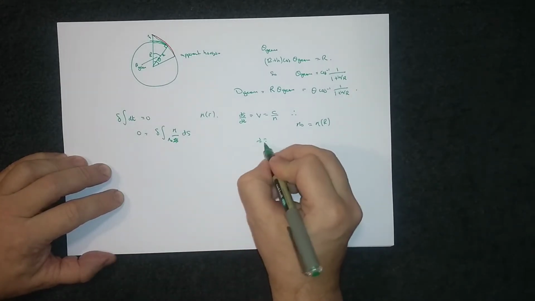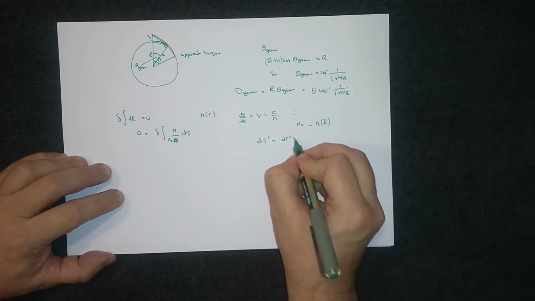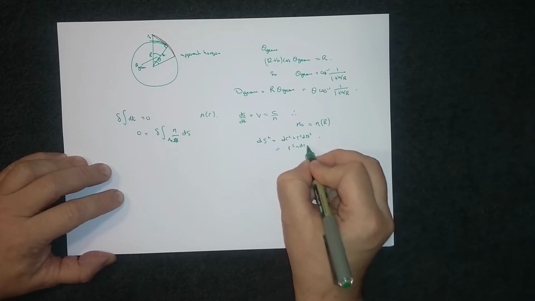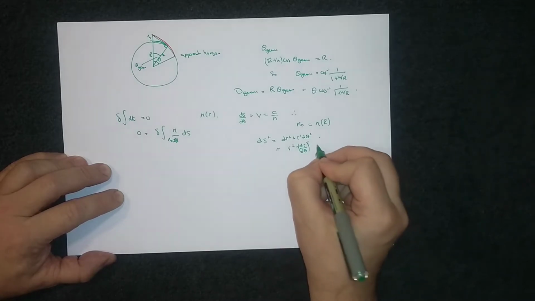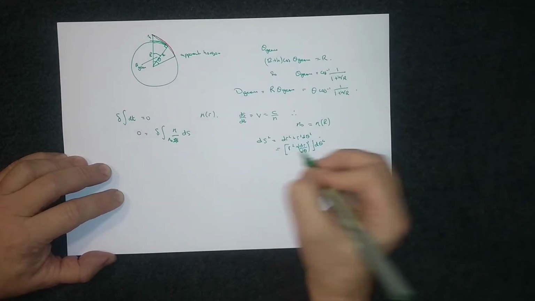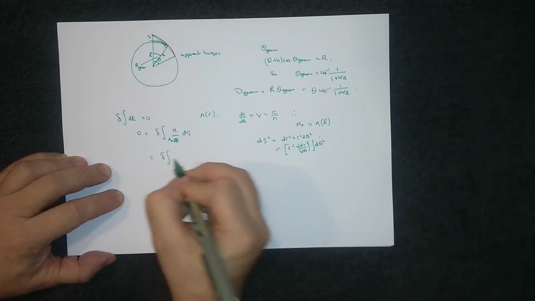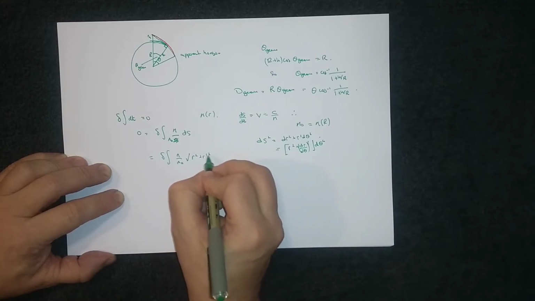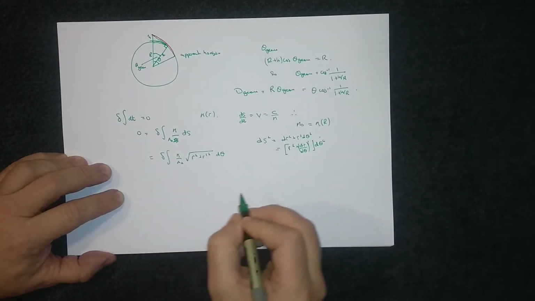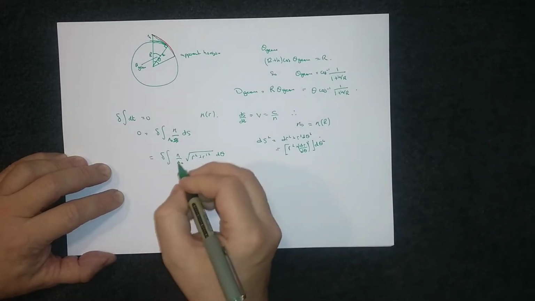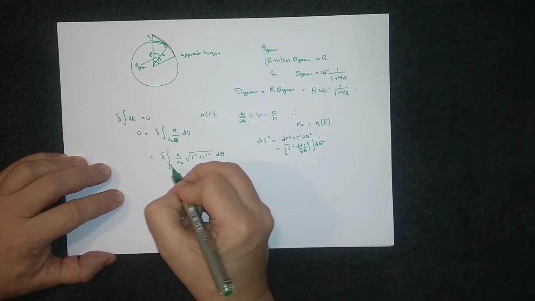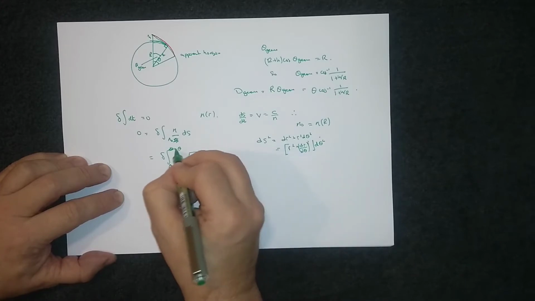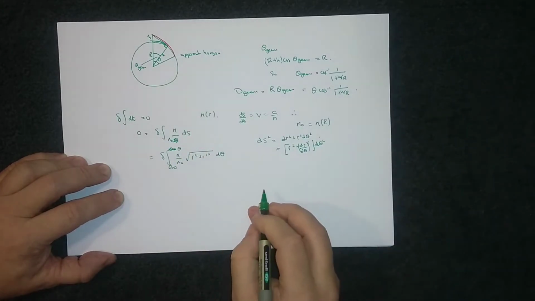Now ds squared is dr squared plus r squared d theta squared, which is r squared plus (dr by d theta) all squared, times d theta squared. And therefore that's delta the integral of n over n naught root r squared plus r prime squared d theta, between theta equals 0 and theta equals, let's just call it theta, for this apparent horizon.